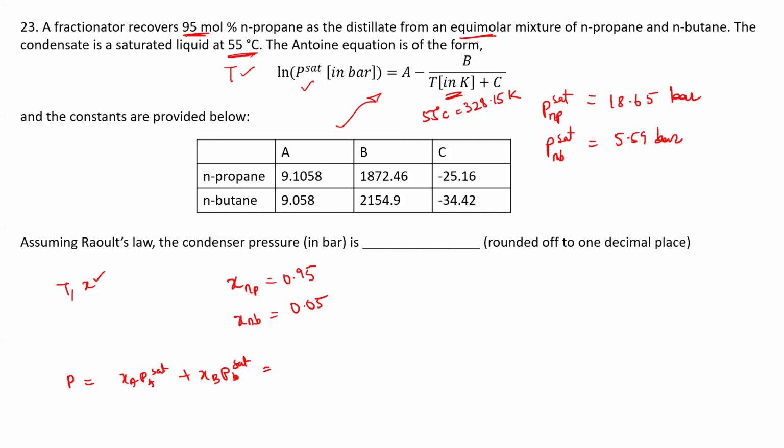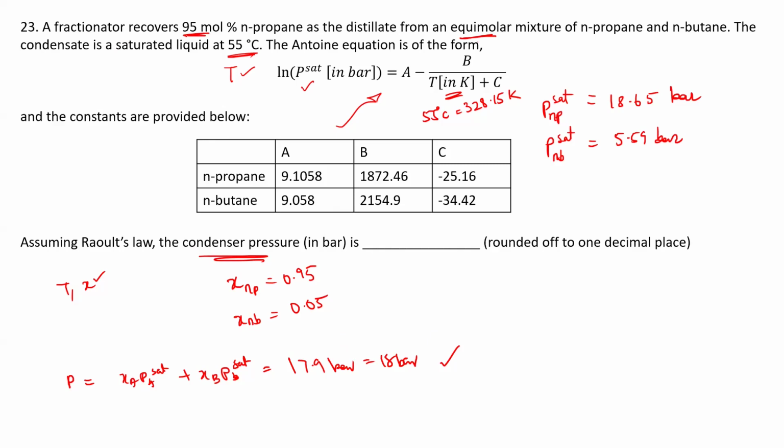But of course in industries it's not all binary systems everywhere. So when you calculate this, you'll find pressure is equal to 17.999 bar, so equals 18 bar. That is what is asked here. It's a pressure.